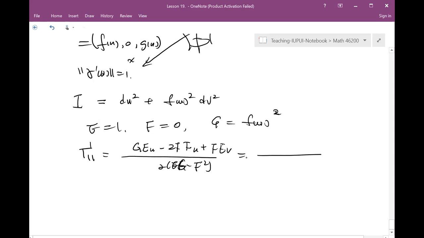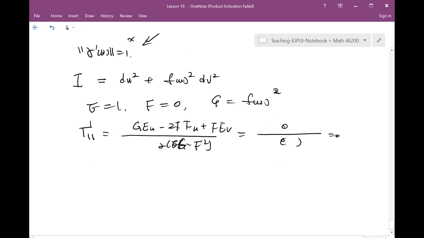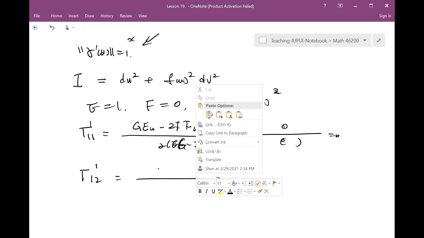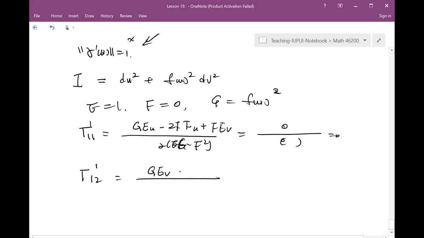I think they're all equal to 0, because E is constant and F is 0. So that's 0. Gamma 1 1 2 is G E_v minus F G_u, over twice (EG minus F squared).